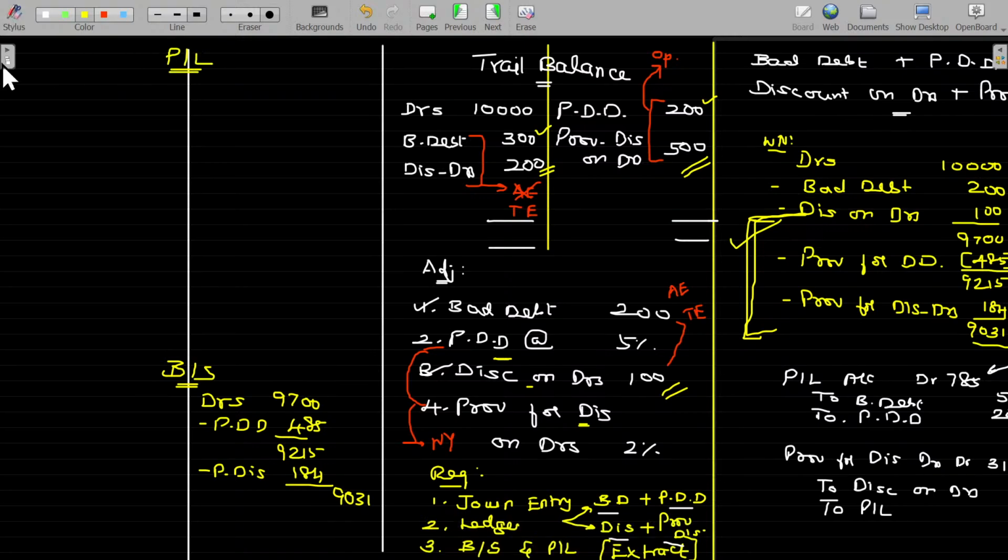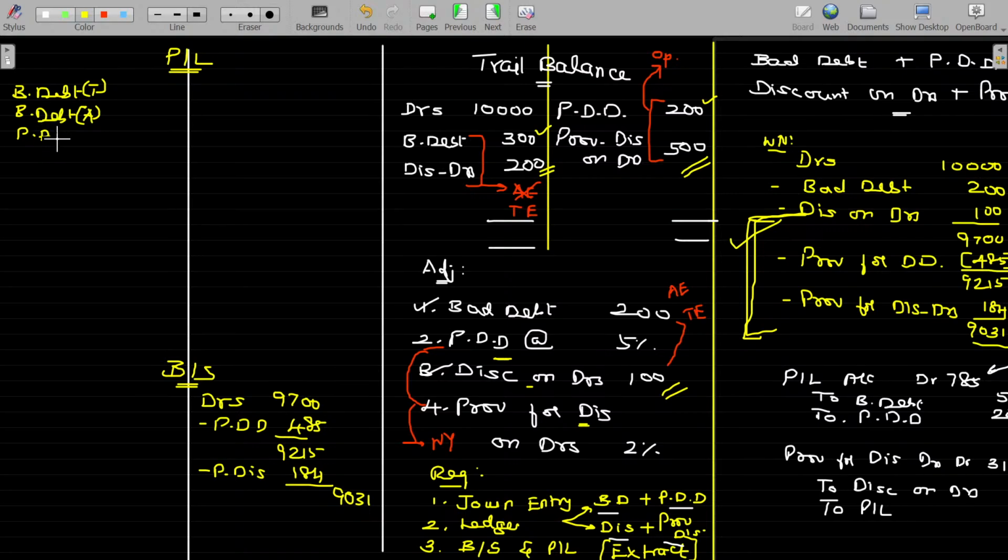This is the process you have to follow. Bad debt given in the trial balance to be adjusted now. Bad debt given in the adjustment should also be charged to the P&L account.